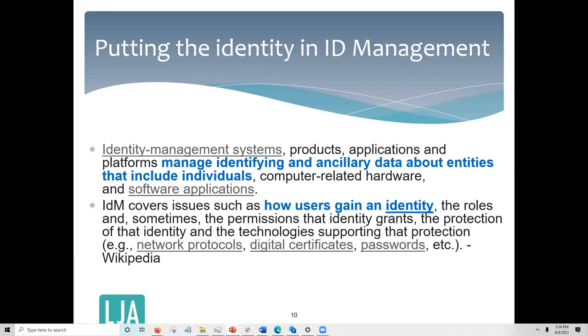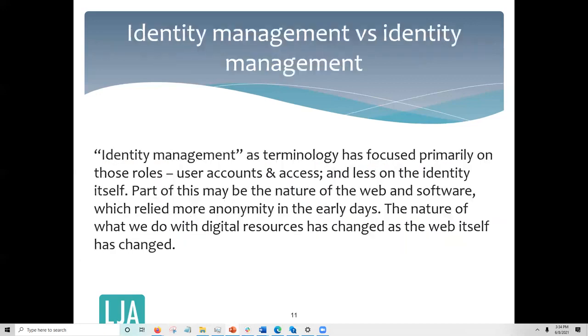As we explore identity management, we'll be looking at it through a very narrow lens of metadata and how that fits in with what libraries, people on the web, archives, metadata workers, all of us, how we really view that information, but it's just one tiny piece of this really big, large, complex topic that's identity management.